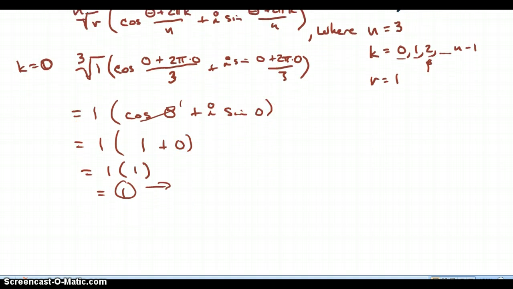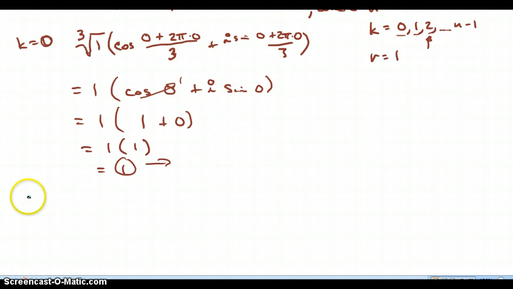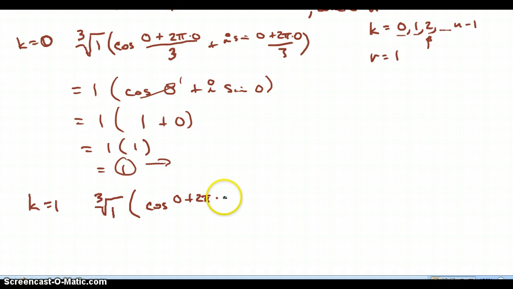Let's do this for k is equal to 1. Let me go in those kind of steps. This is the cube root of 1, and this cube root of 1 out front is just the real root of that. I don't want to make it too complicated. Cosine of 0 radians plus 2 pi times 1 over 3, plus i sine 0 plus 2 pi times 1 over 3.